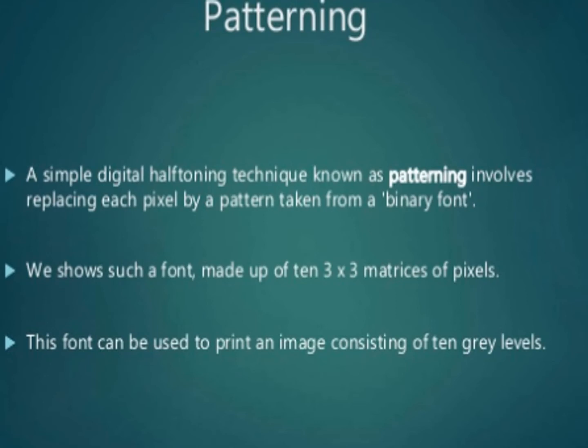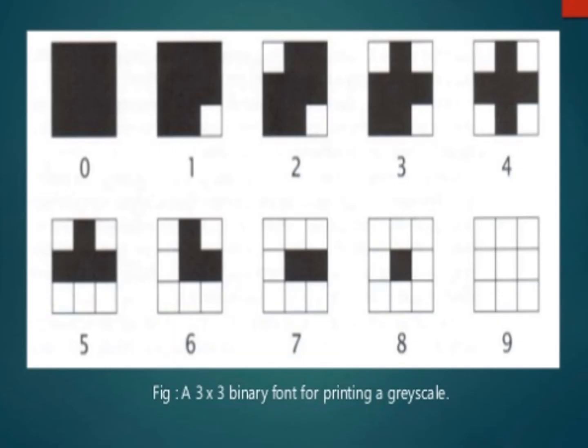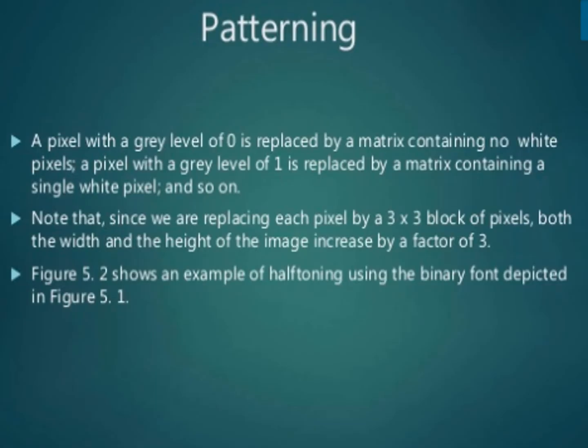These regions are called halftone patterns or pixel patterns. We show such a font made up of 10 3 cross 3 matrices of pixels. This font can be used to print an image consisting of 10 grays. This is a 3 cross 3 binary font for printing grays.